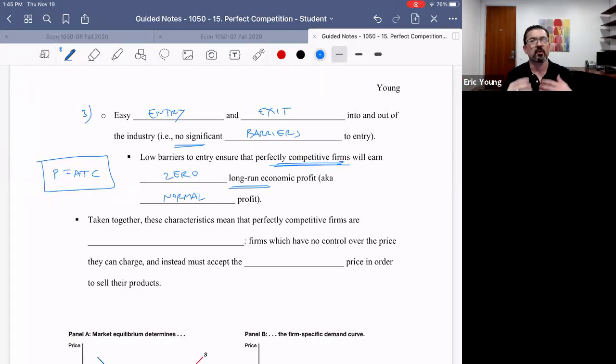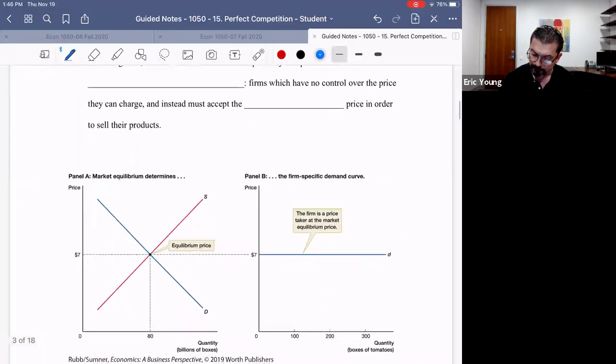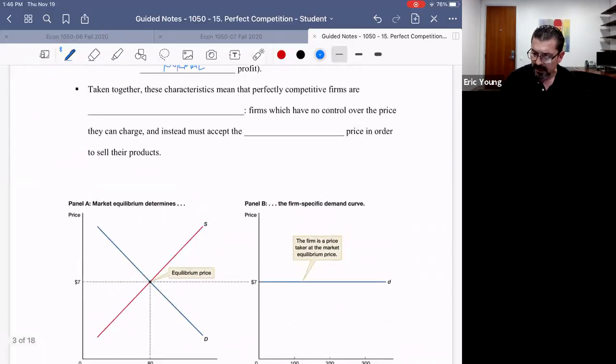Okay, so these are three characteristics, and individually they don't mean a lot, but collectively they have a whole lot of impact, because taken together, what these characteristics mean is that a perfectly competitive firm is fundamentally a price taker. Firms in this industry, the individual companies competing in a perfectly competitive structure, are fundamentally price takers.